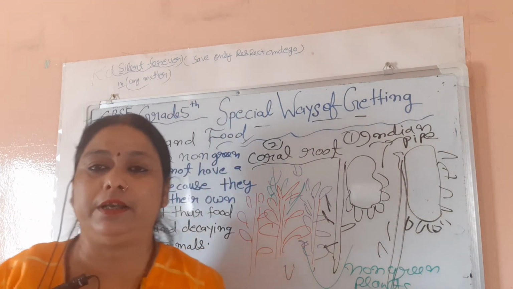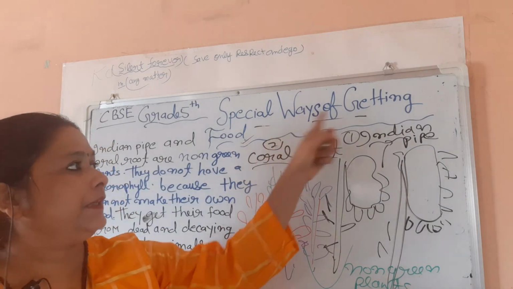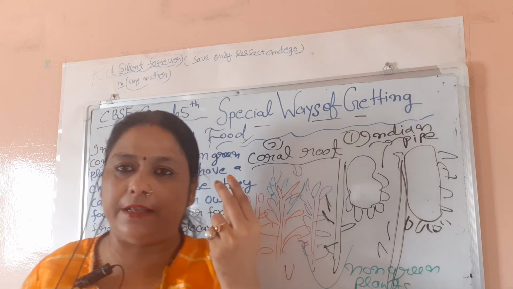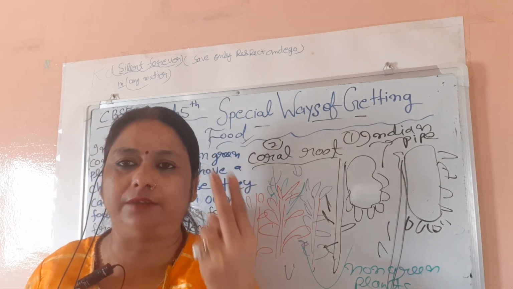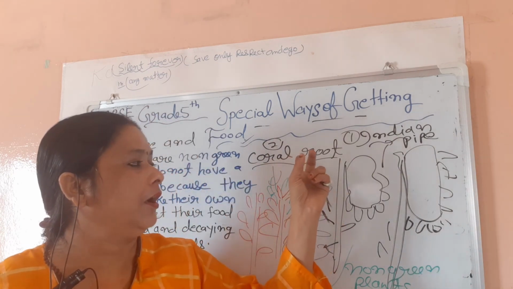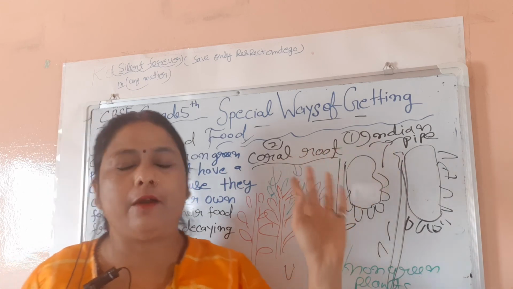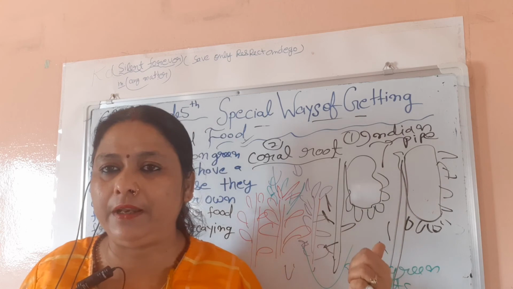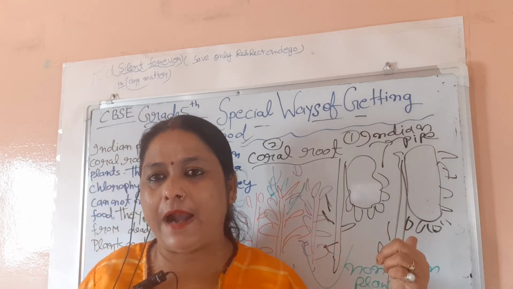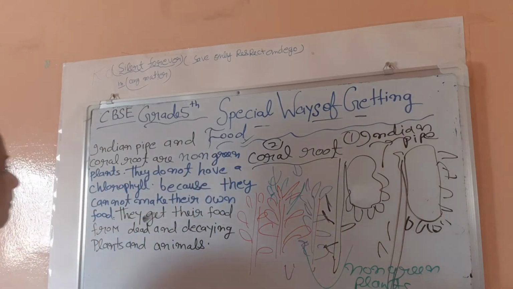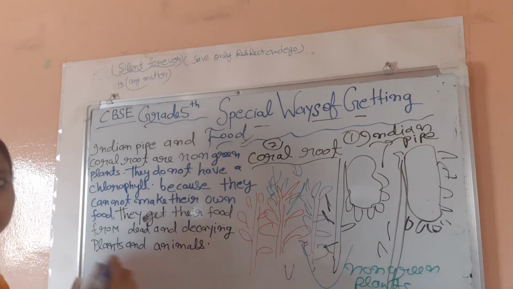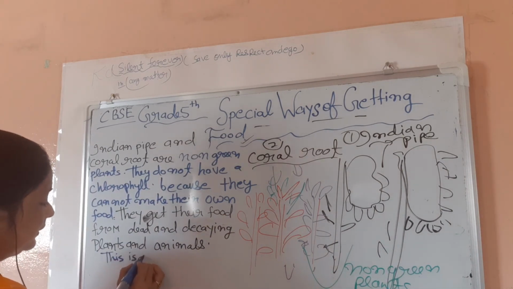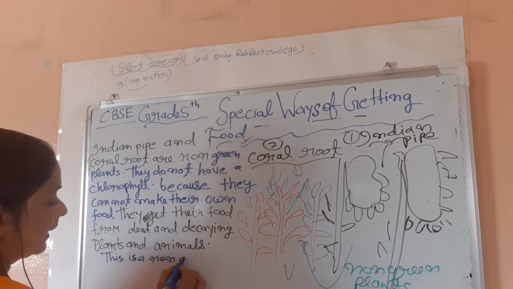So here we only discuss this topic: special ways of getting food. For examples, you can easily give the answer: take coral root and Indian pipe. They do not have chlorophyll. These are non-green plants.